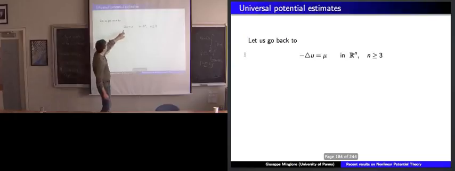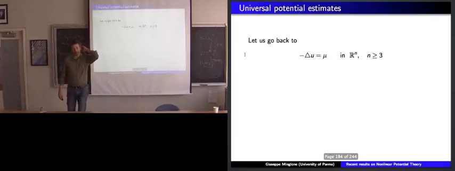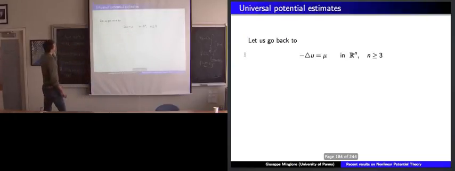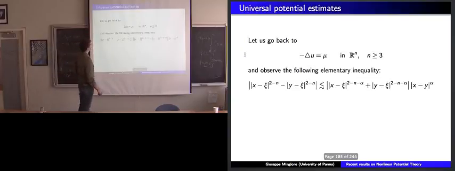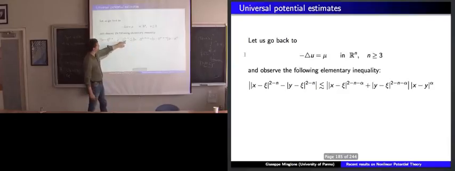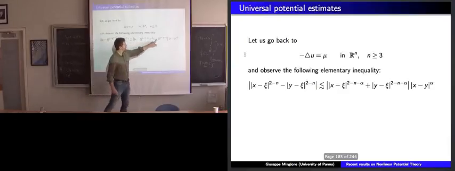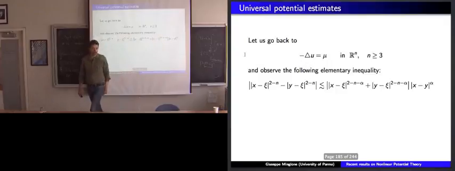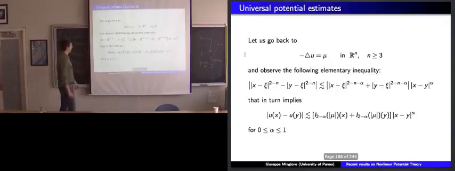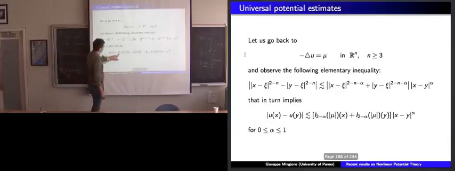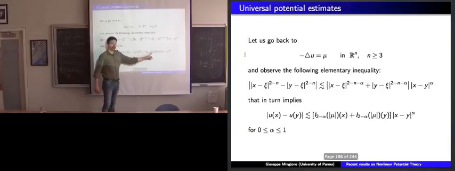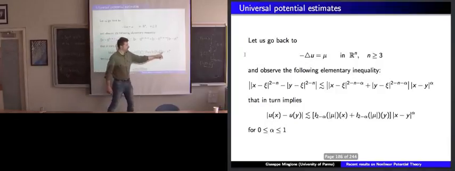Okay, now let me go back to this equation, and let me present these universal potential estimates. Take the fundamental solution and prove this inequality. So you trade a bit of integrability with differentiability, with Hölder continuity, and then you can easily prove that ux minus uy is controlled by weaker Riesz potentials times this guy.